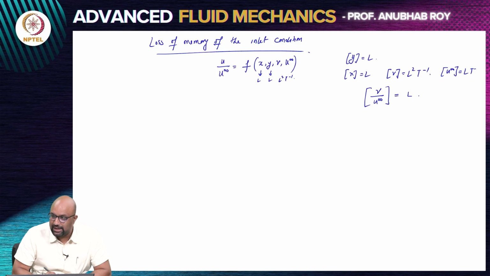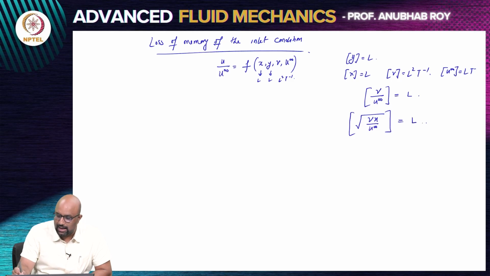The ratio of the kinematic viscosity to the uniform flow is an object that has dimensions of length, which means square root of nu x by u infinity has dimensions of L. Nu by u infinity has L, x has L, so that is square root of L square.